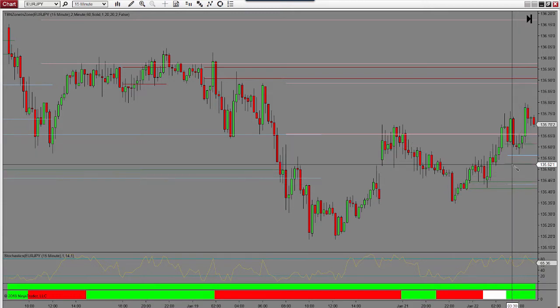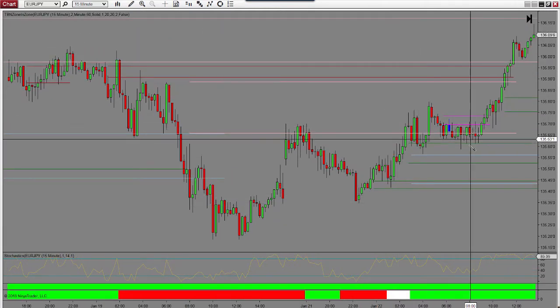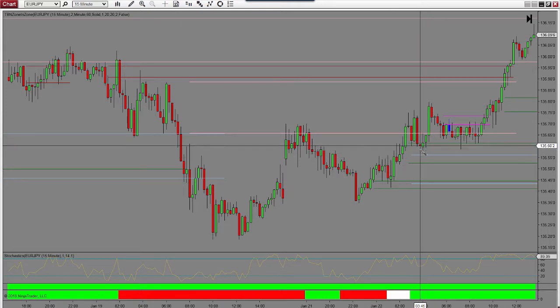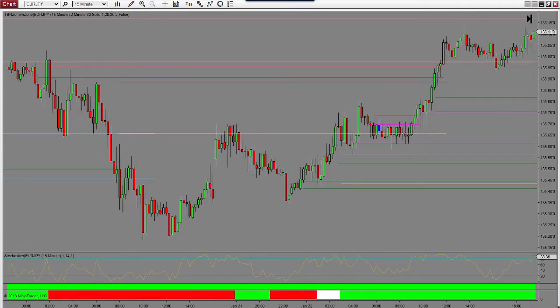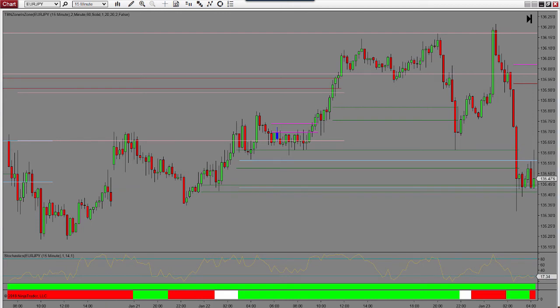Here's another example in this area, and let's see what happens. Look at that, guys. It really works out well when you have these together. Okay, now you have one right in here.